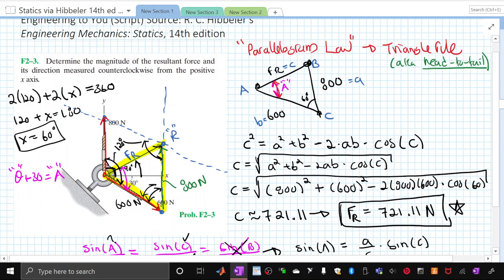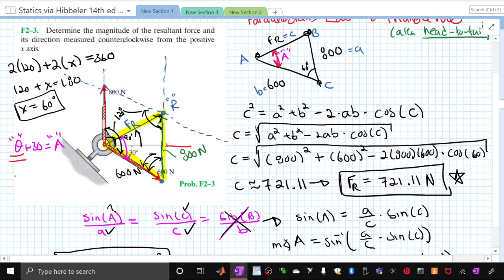From here to here, this is 73 degrees. But remember, we're not trying to find those 73 degrees. We're trying to find this angle theta that starts from the positive x-axis to the side of the resultant vector. So all we have to do is solve for theta.